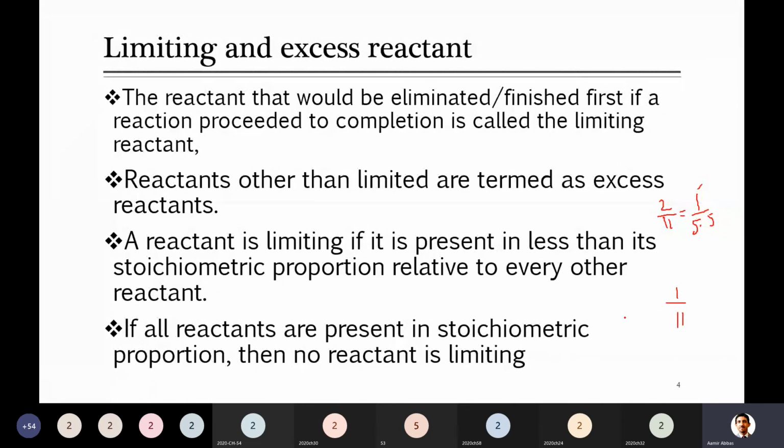Whenever you are given the number of moles of the reactants, you can tell which one is limiting. By looking at the equation, if I give you one reaction and the moles of the reactants and ask which one is limiting, can you tell me?